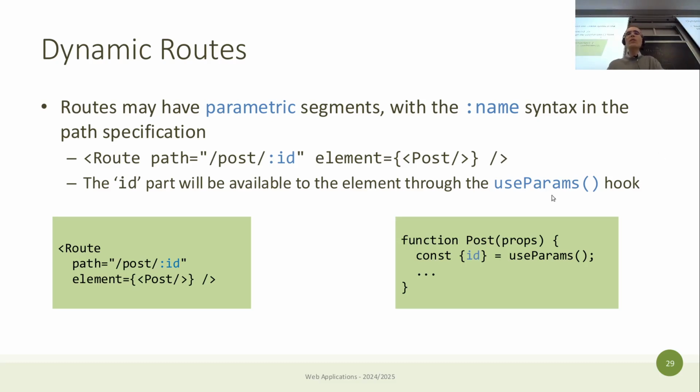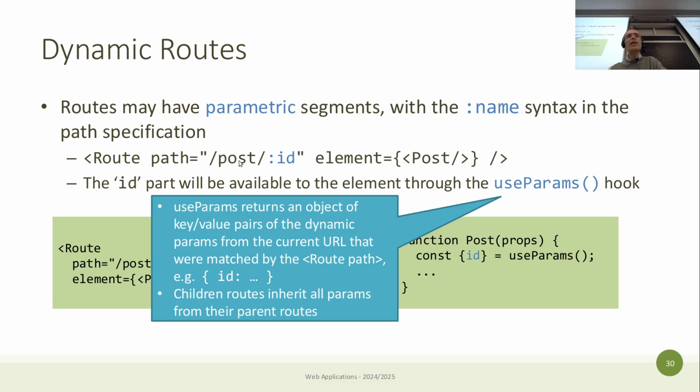So useParams has a look at the URL, and if there is a parametric part, it returns these elements of the parametric part of the URL as keys inside a JavaScript object, whose values are the actual values from the URL. Like this post/1234, we will get an object with the key ID and the value 1234.